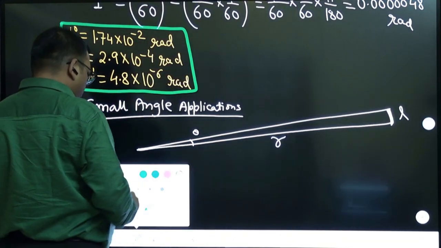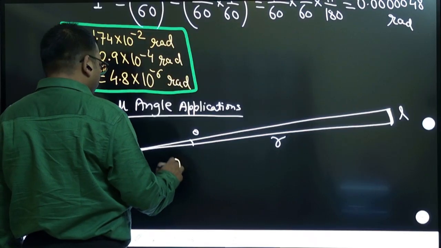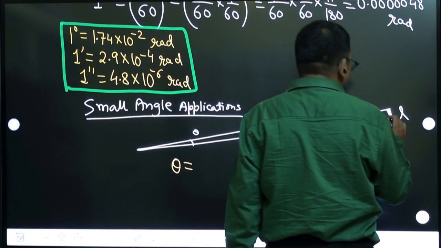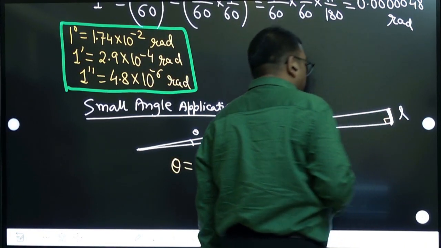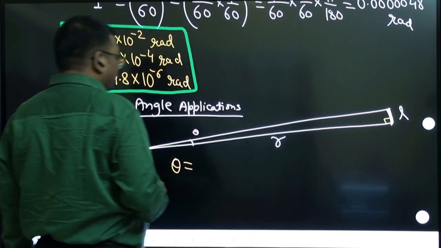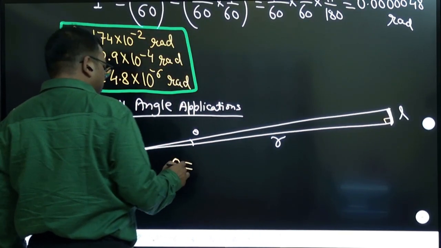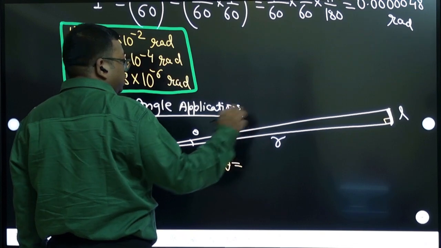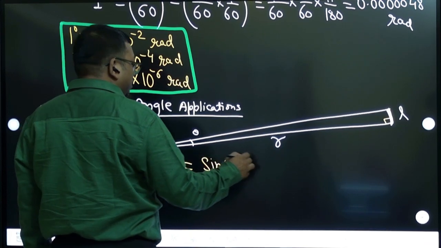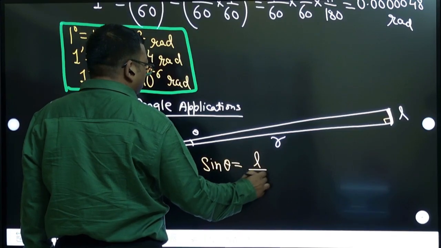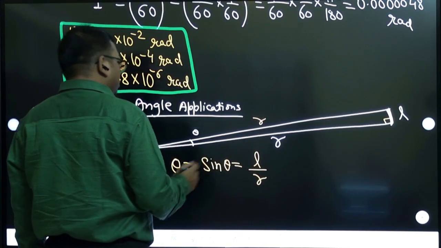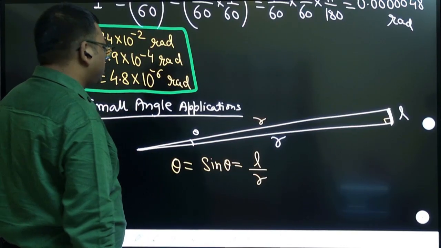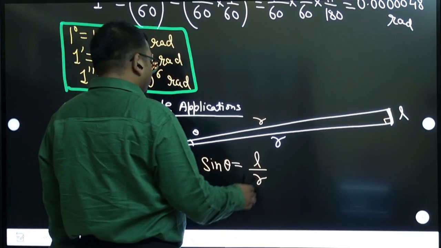Because this is almost like a straight line, it's like a right triangle, so theta can be taken as L by R only, because this is also R. So base and hypotenuse are almost becoming the same thing.